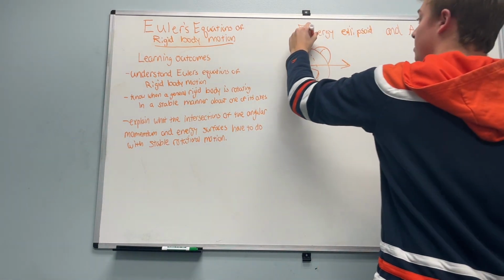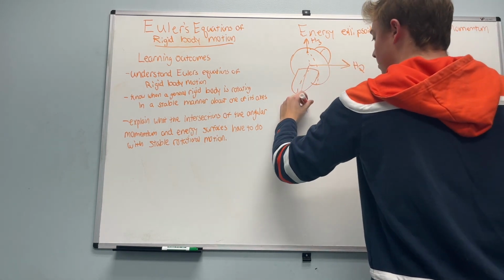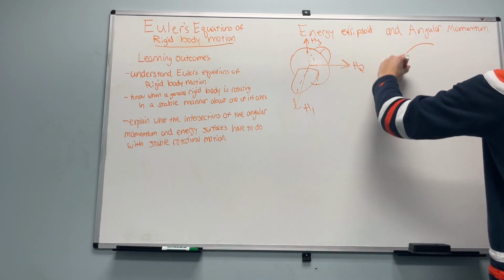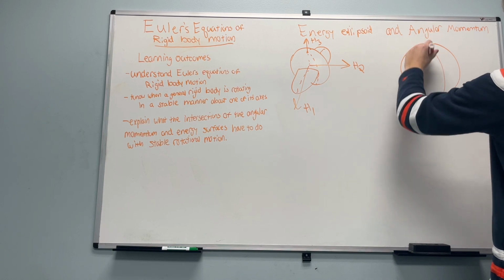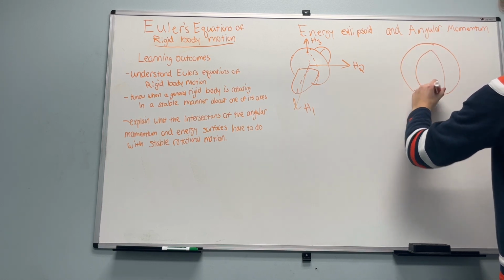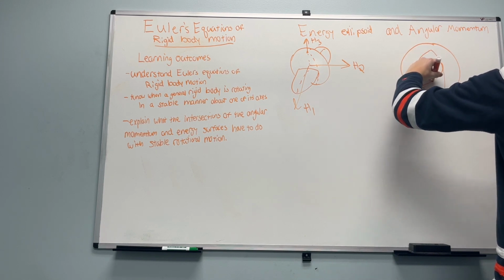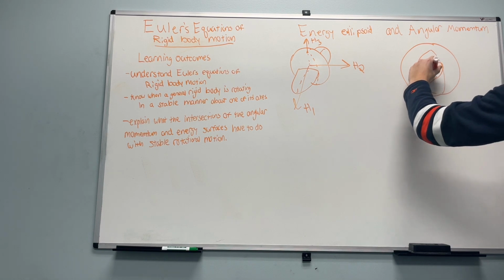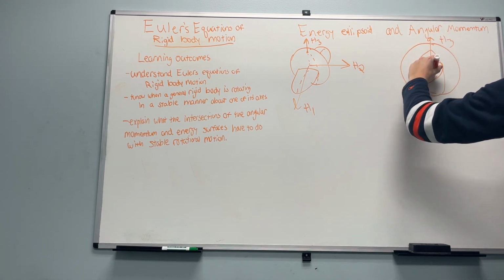With our axes, H3, H2, and H1, and then a circle that has the ellipsoid all the way inside of it. The entire ellipsoid is perfectly inside of the circle with our axes being the same.